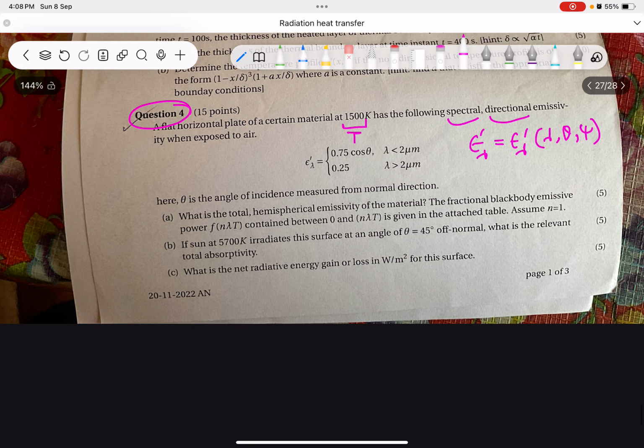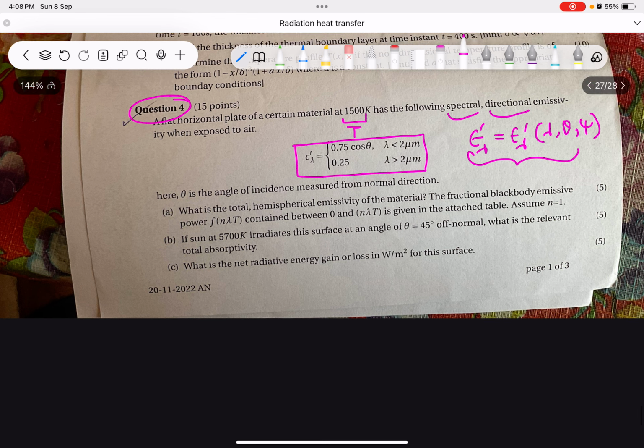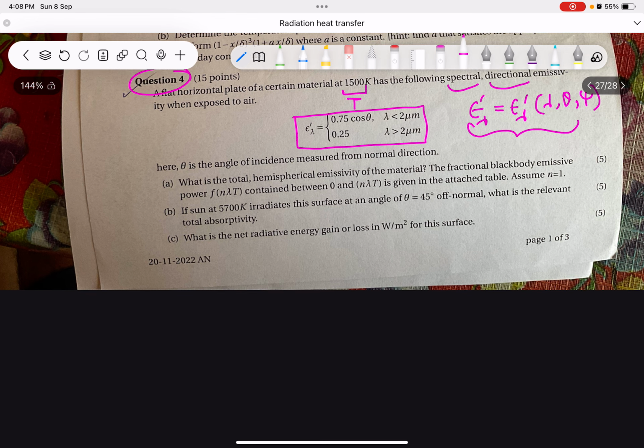And when it is exposed to air, that is fine. Now this function is given, where theta is the angle of incidence measured from the normal direction. I have shown you that when you are only concerned about reflectivity, two angles come: the angle of the incident ray and the angle of the reflected ray.